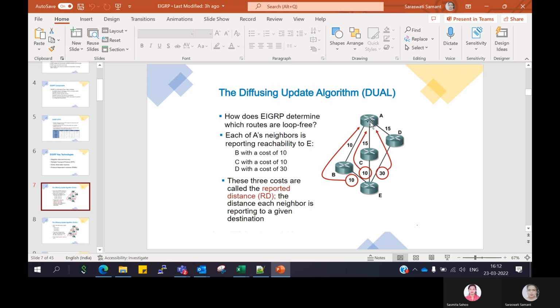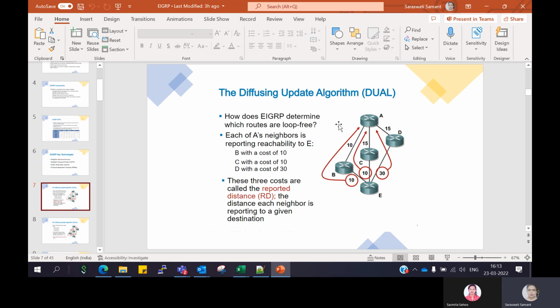So for router A to reach E, the next hop is B. So what's going to be the RD? RD or AD will be the distance from the next hop router till the destination, which is 10. What is FD? FD will be 10 plus 10, 20. So FD is nothing but AD plus the distance from the source till the next hop router.